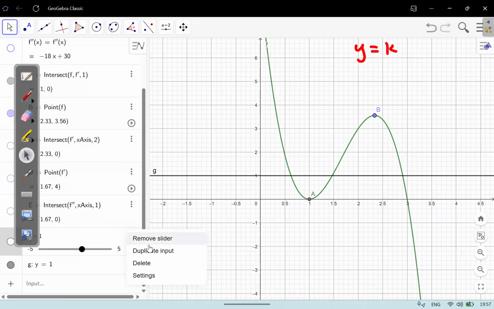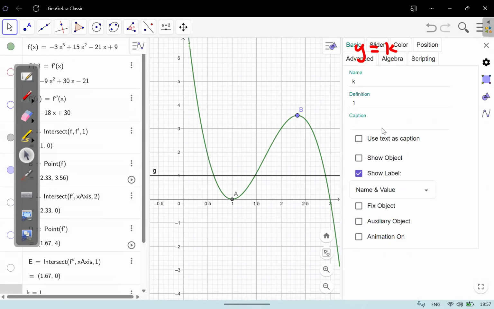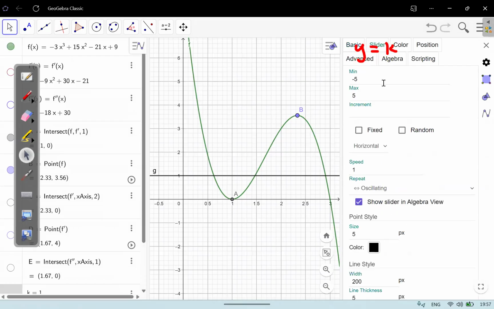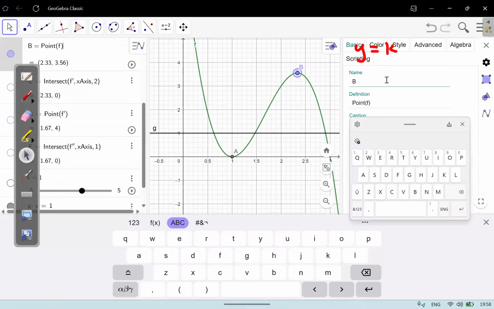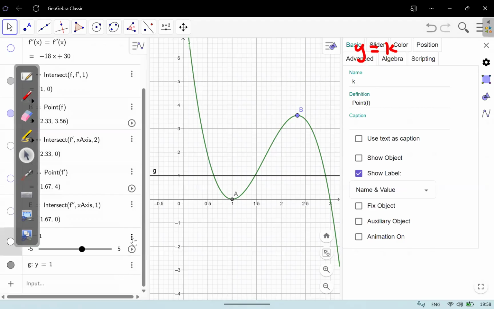Now, of course, k is a slider, and I'm going to just adjust the settings for this slider so that the minimum is not -5, but rather I'd have it at -10, something like that, so that we actually have much leverage, and you can see what's going on here.